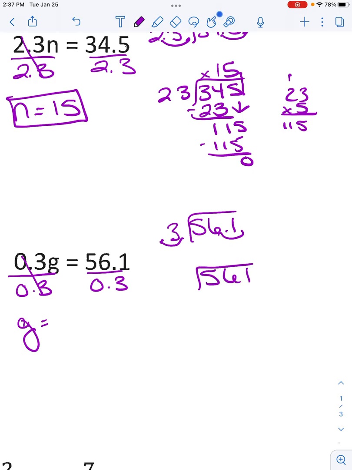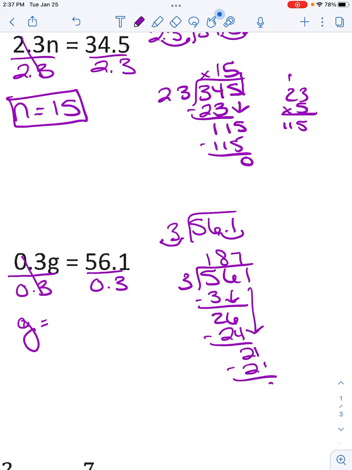You're going to move it once on the outside, which means once on the inside. 3 goes into 5 once. 3 into 26 would go 8 times, which is 24. And 3 into 21 goes 7. And remember, again, your decimals back here, straight up, we just have 187.